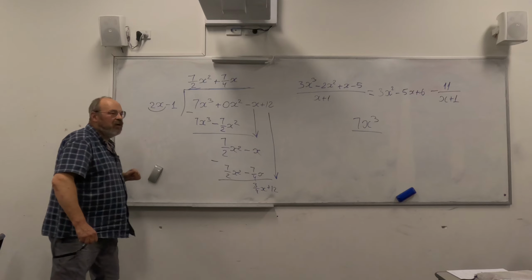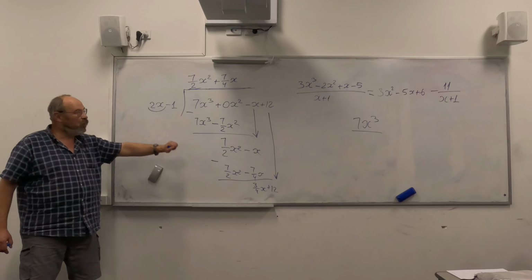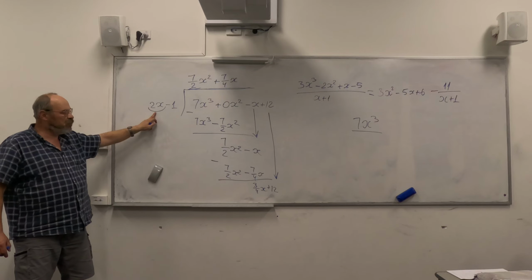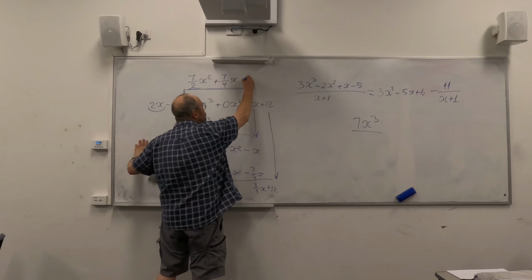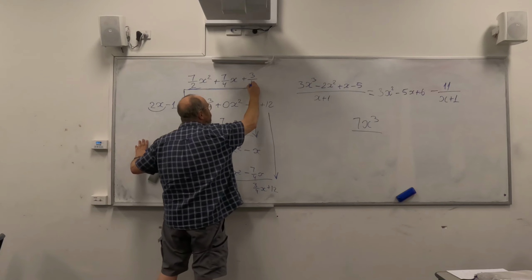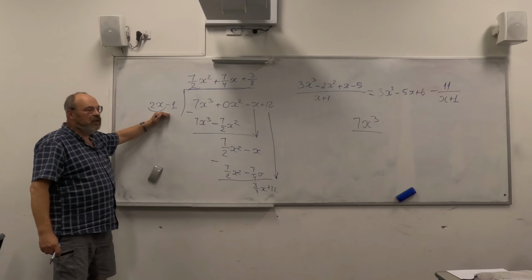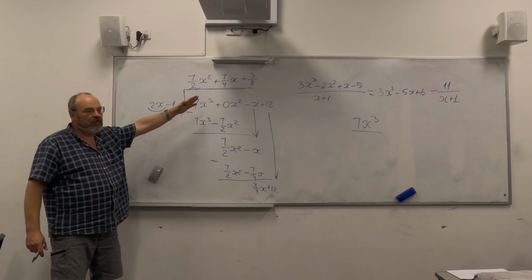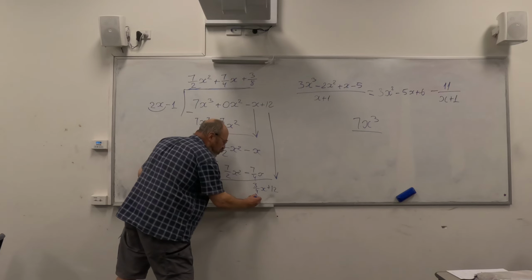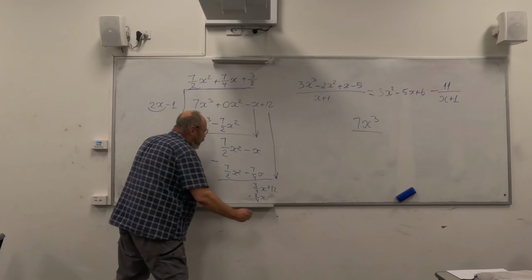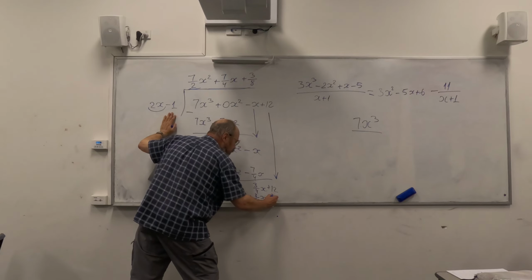Now we divide 3/4 x by 2x, leading term by 2x. 3/4 divided by 2 equals 3 on 8. So we have plus 3 on 8. And we multiply 2x minus 1 by 3/8. So we get minus 3/4 x, and minus 1 times 3/8 gives minus 3 on 8.